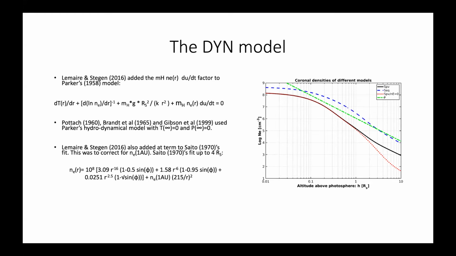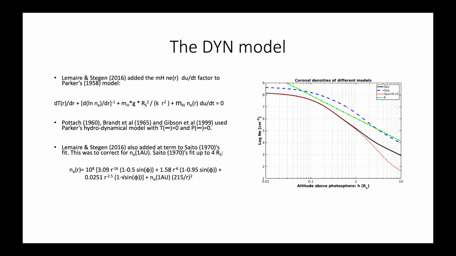But they all assume that at infinity you will have a temperature of 0 and pressure of 0, which you know is not true. The previous models could not cope with different values very well. So by adding this last term in the moment equation, we can compensate for that a bit.